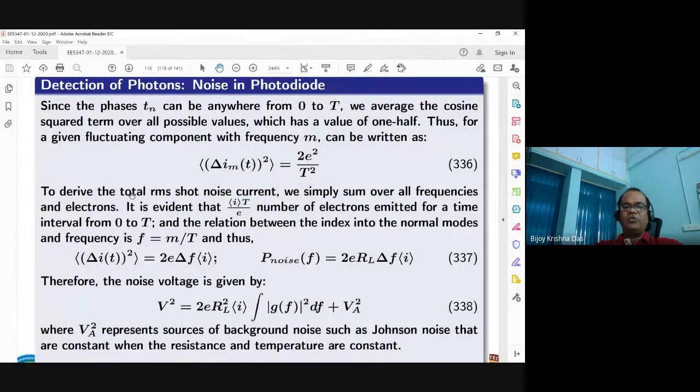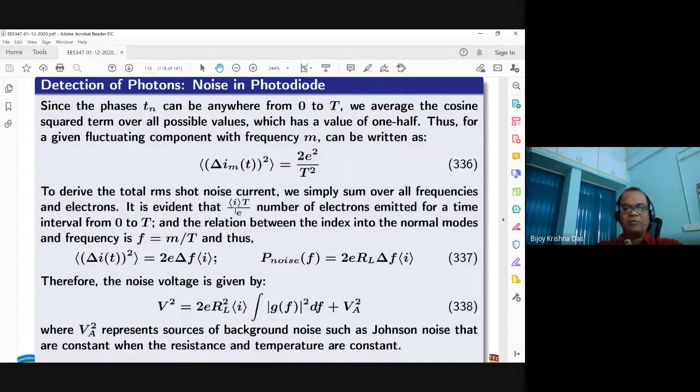To derive the total RMS shot noise current, we simply sum over all frequencies and electrons. So all the frequencies you have to add, for every frequency. Suppose you have an average current I average, and you divide by e.